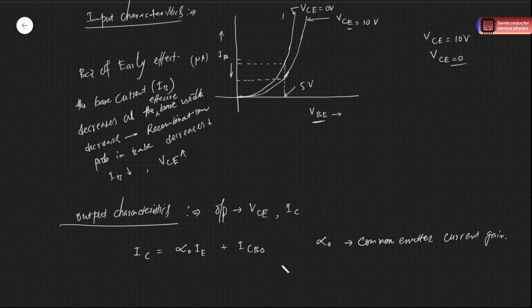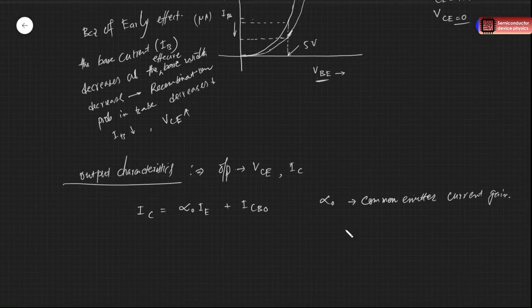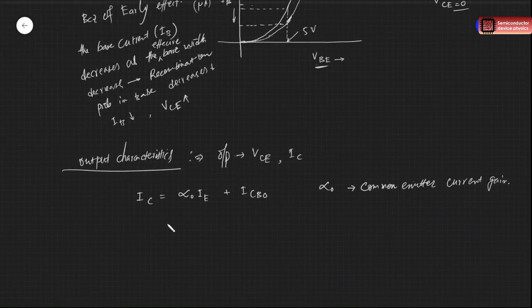And ICBO is the reverse saturation current. For a transistor, IE is always IC plus IB. So I'll replace IE with IC plus IB: IC equals alpha naught times (IC plus IB) plus ICBO.